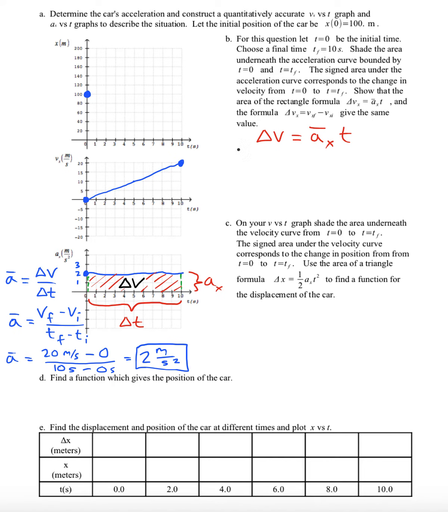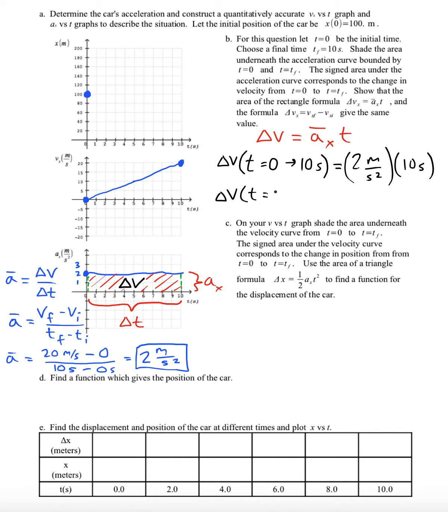So what do we get if we multiply them? Well, first, let's be very clear about what our interval is. We want to go from t equals 0 to 10. We want to multiply our acceleration, 2 meters per second squared, times the time of 10 seconds.